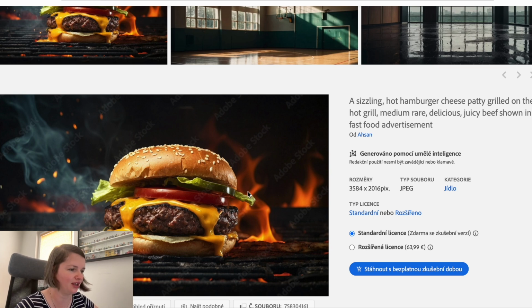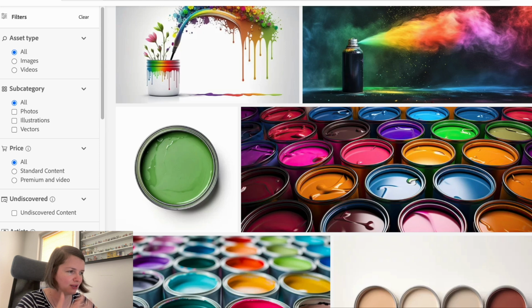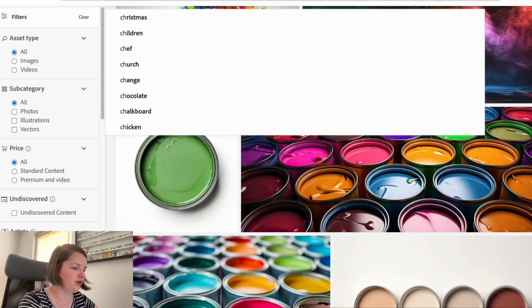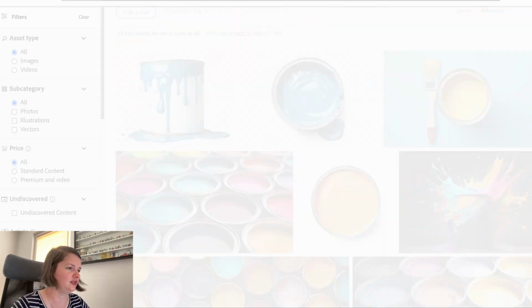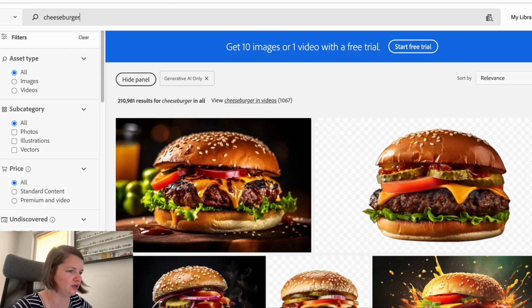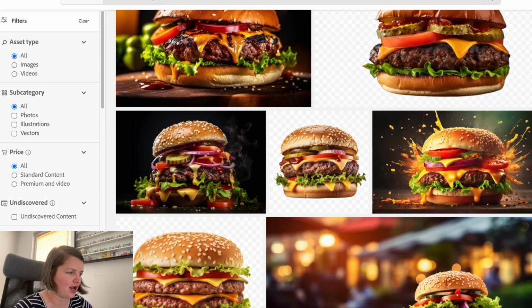But generally, a cheeseburger is not a great thing to generate, because once again it will be too much competition. For cheeseburger we have 210,000 images, and that's just the AI ones.